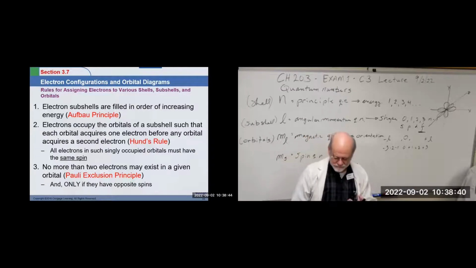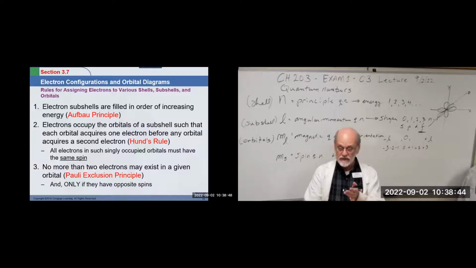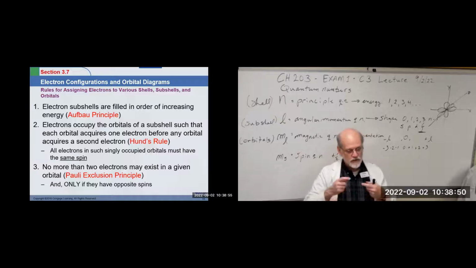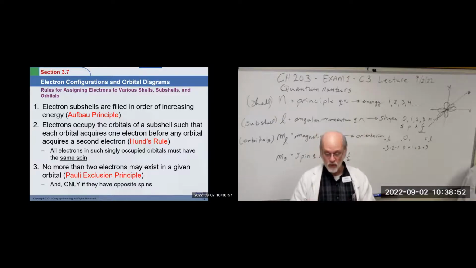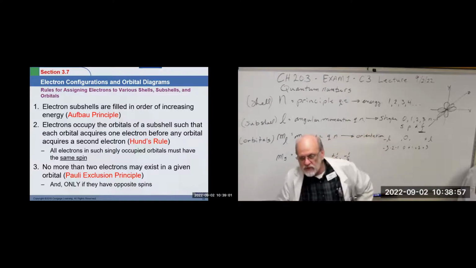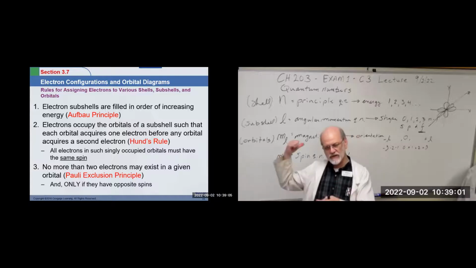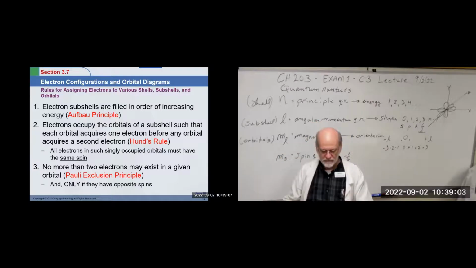What do we need to know? We need to know how many protons, consequently how many electrons are out there. So once you know how many electrons are out there, you can start filling them in order. Right? And these are the rules that you use. I'll just breeze through these and it'll make more sense when we actually go to make one.